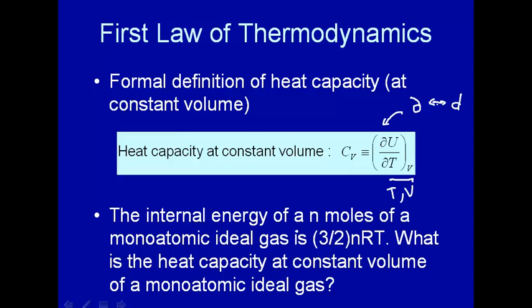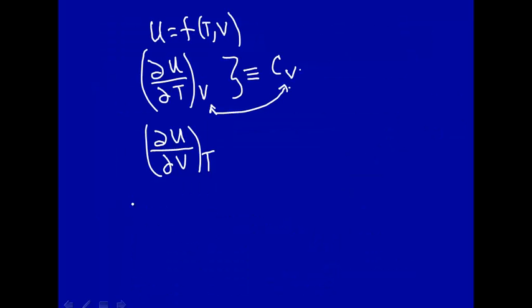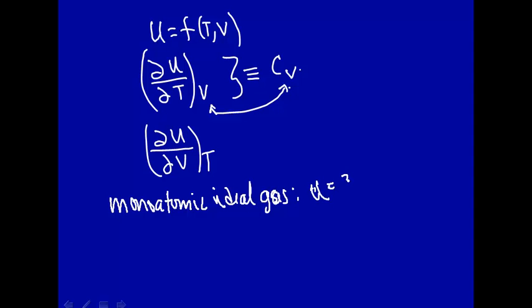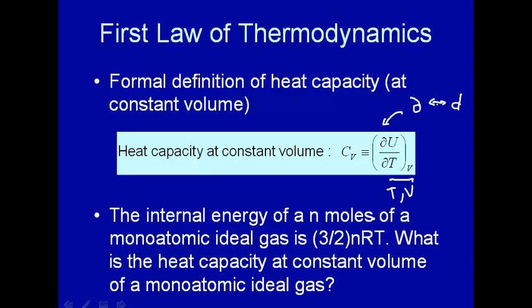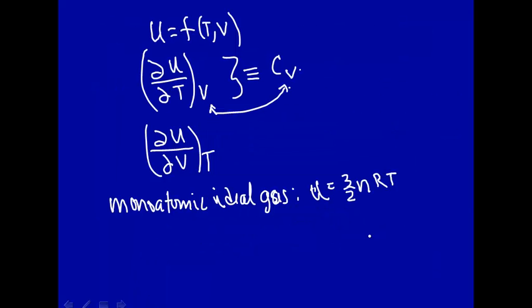All right, so for a monoatomic ideal gas, the internal energy U is 3/2 nRT. So what is the heat capacity at constant volume?